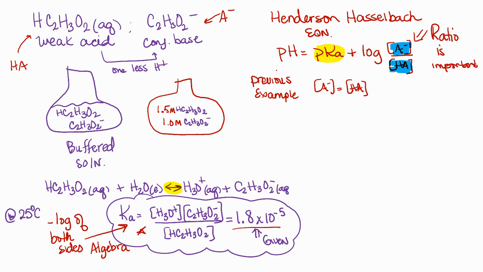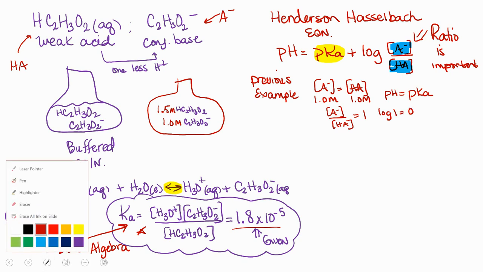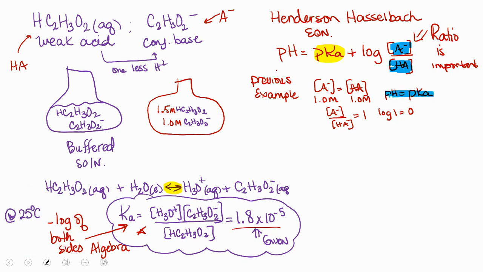So if they're both 1 molar, pH equals pKa because A minus over HA equals 1. The ratio is 1, and the log of 1 is 0. So this is where we ended up with pH equals pKa.